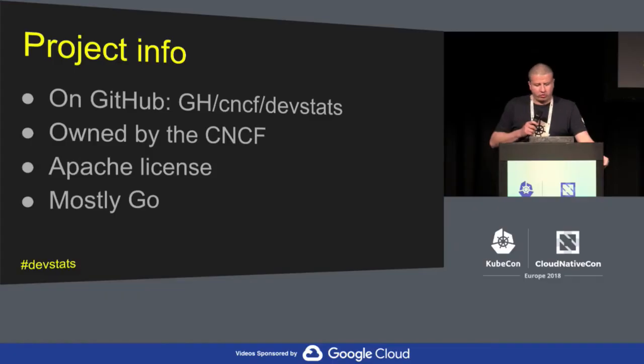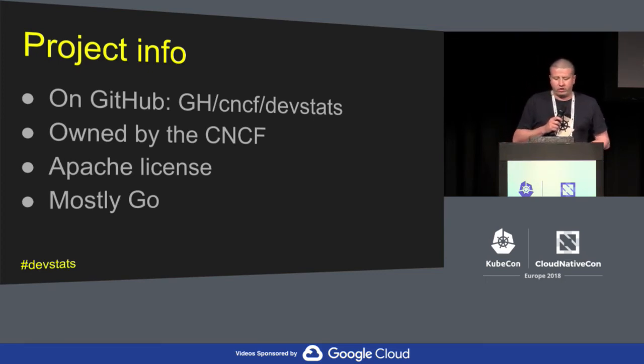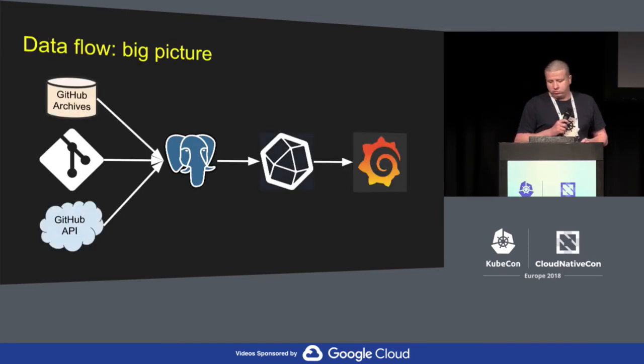Okay, so I will just tell a few details about implementation. Here's the GitHub page, CNCF DevStats. It's under the Apache license, and it's written mostly in Go and a bunch of shell scripts. This is a big data flow picture. Kubernetes is not the only project that uses DevStats.